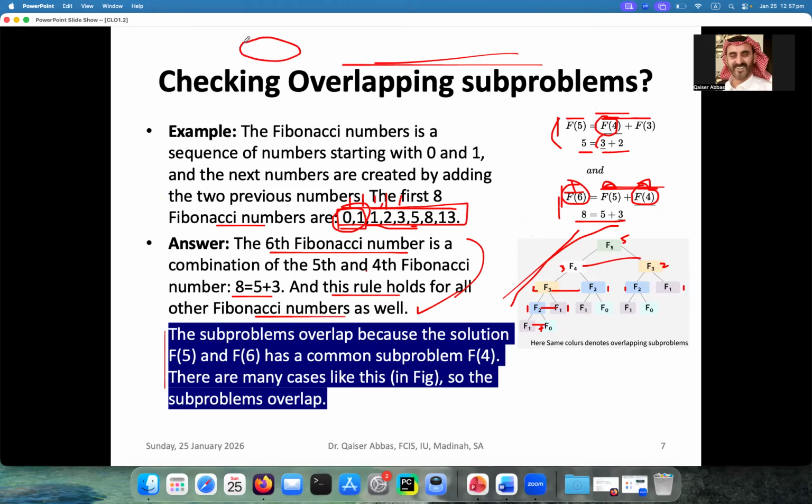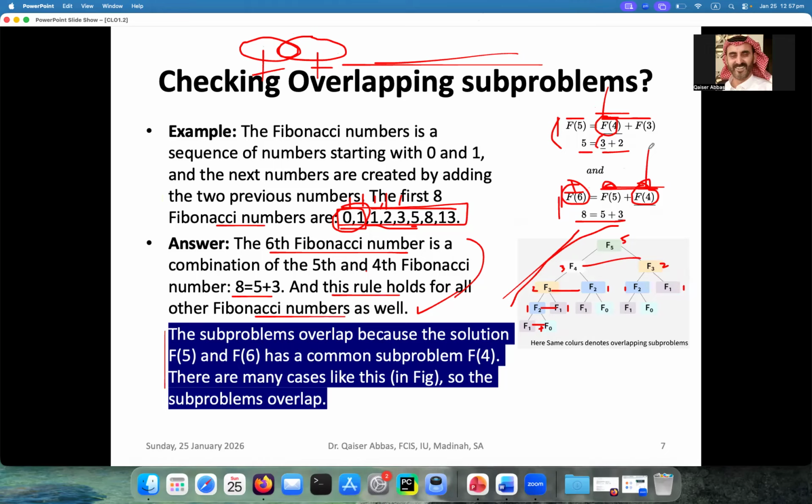For example, what is overlapping? If you have this set and that set, then this area is the overlapped area for these two sets, and then you can say these two sets are overlapping. And for us, F5 and F6 are overlapping by this common area, F4, okay?